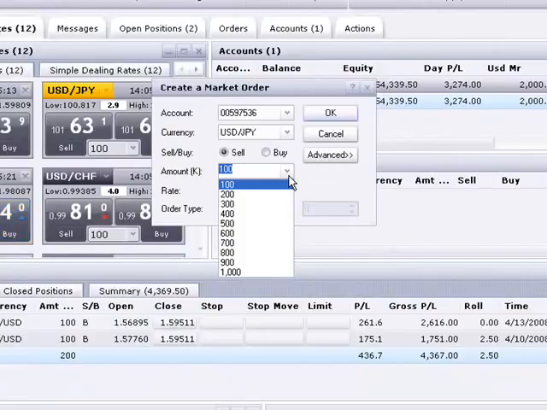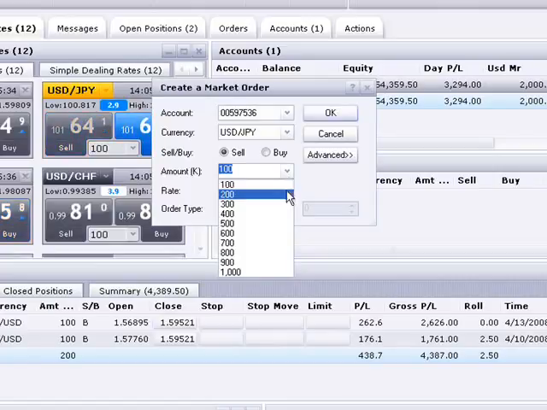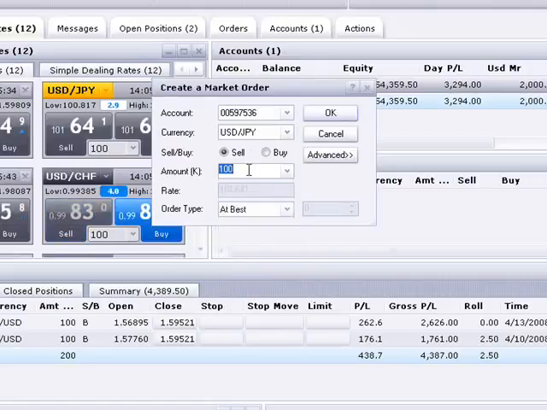If you've been following our lesson up to this point, you should now know that the demo accounts that we are trading on are standard demo accounts, which trade standard contract sizes of 100,000 of the base currency. So here you can decide your position size if you want to trade one contract, 2, 3, 4, all the way up to 1 million. And if you want to type in even more than that, which at this stage we probably don't want to do, but just to show you, you can do that.